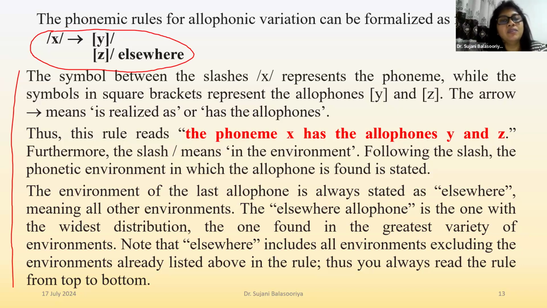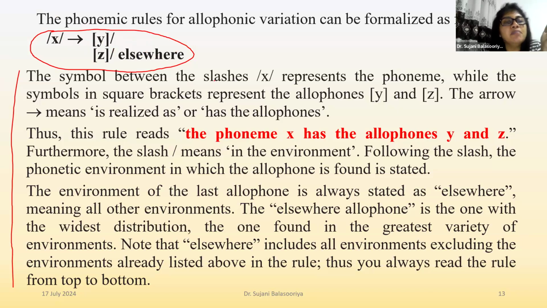When we talk about an exact phonemic rule, we can replace X, Y, Z with the relevant sounds or phonemes. But here, you need to understand the direction of the phonemic rule: X becomes Y in a particular phonetic environment, and it is Z elsewhere, in the other environments. That's the simple point. So we'll go through this.